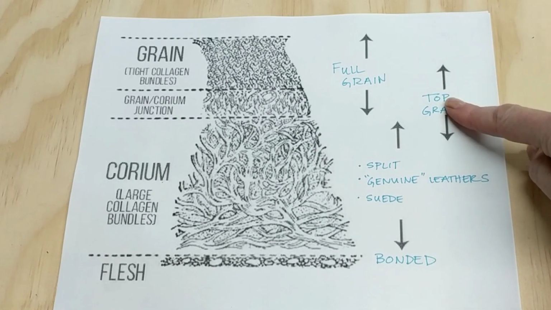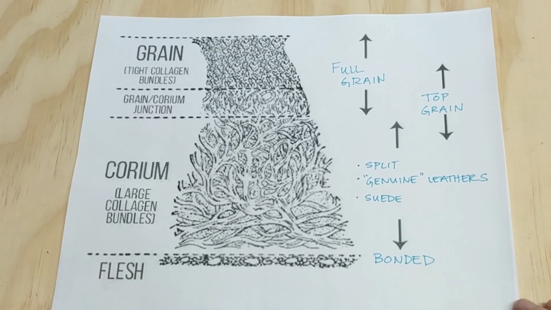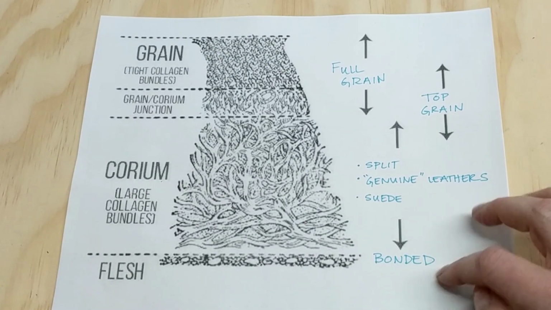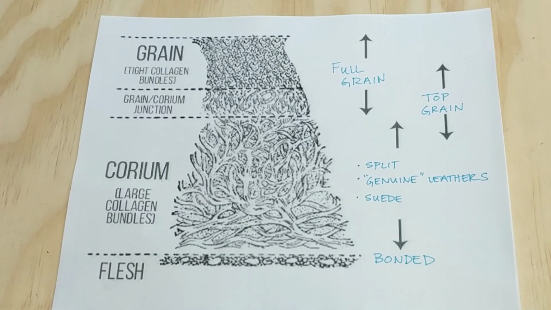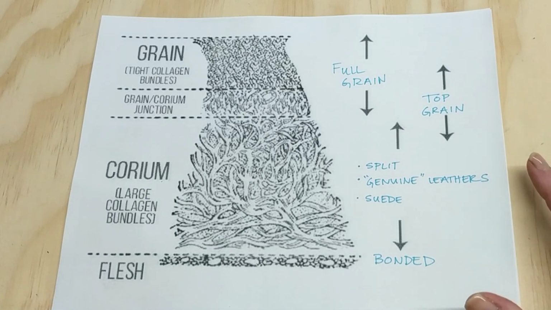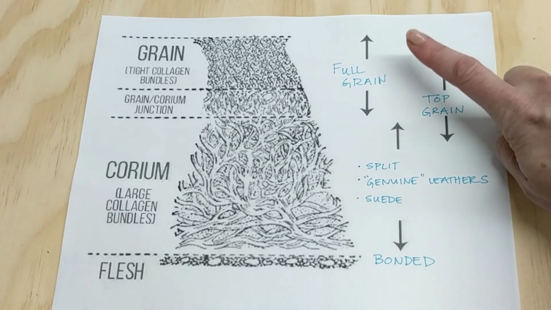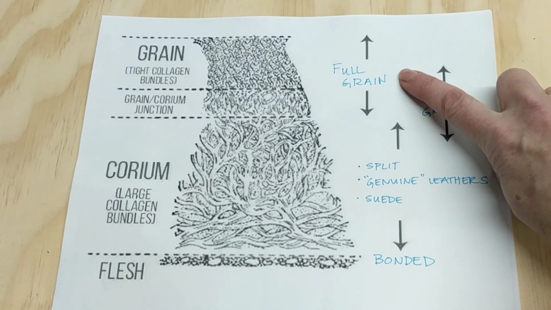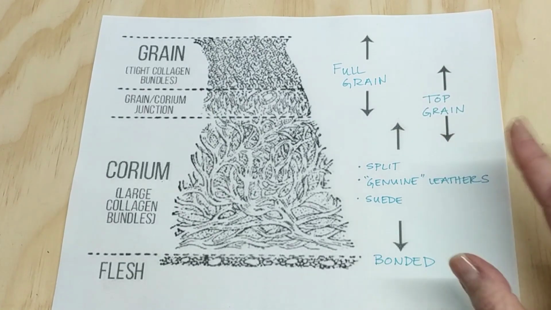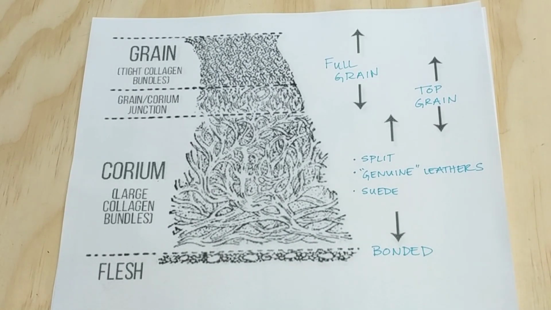So it's really important to understand these different types of leather, so that number one, if you're purchasing leather, you can compare apples to apples. And if you are going to be creating leather products, it's important for you to understand what type of leather you're working with so you can communicate accurately and effectively to your customers. If you're using a bonded leather, do not try to tell people it's a full grain leather or a split or anything else. Just make sure that you understand what it is you're buying and selling.